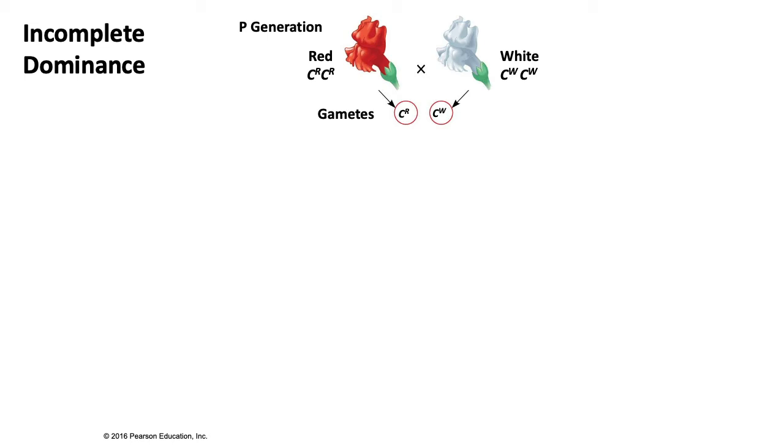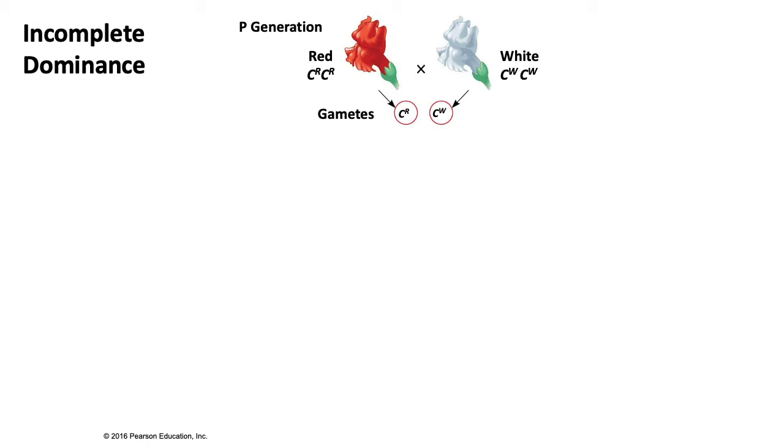If this trait showed complete dominance, you would expect to see the hybrid offspring of these two homozygous individuals to show the dominant trait. So if red was the dominant trait, then the offspring would be red. If white was the dominant trait, then the offspring would be white.